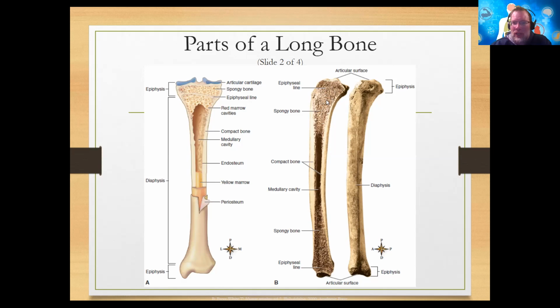So that's where we're going to find what's called red marrow. Remember, one of the last functions of bone on our list was hematopoiesis, and that simply means blood cell production. Blood cell production takes place in red marrow, and red marrow is found throughout our lives in spongy bone.